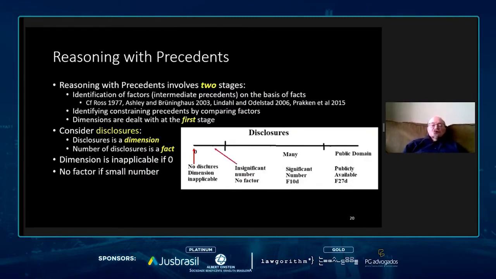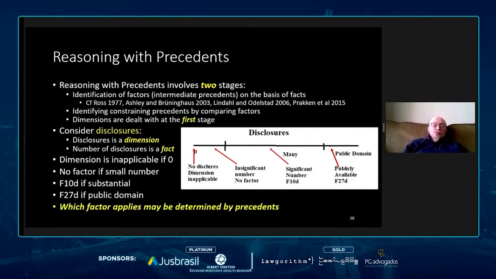If it's a very small number, there is no factor because it's not significant enough. If there are many, the factor is F10, and if it's in the public domain, the factor is F27, the very strong dependent factor. And of course, which factor applies may be determined by precedent.